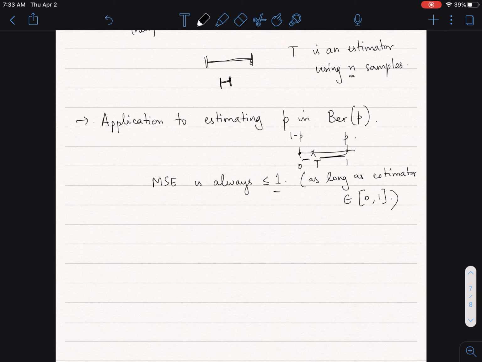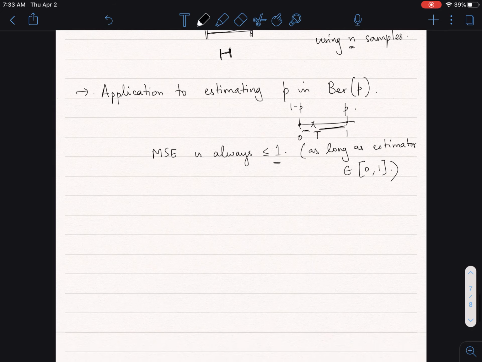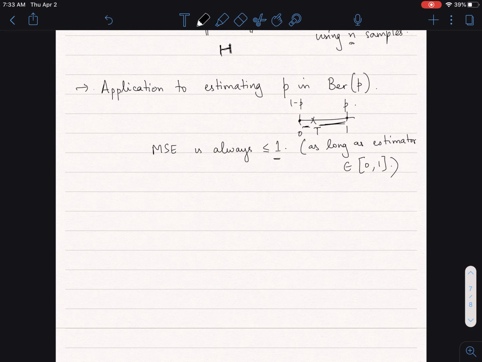Okay, so let's now use this. Suppose we consider the estimator that we had before. The sample consists of n elements, x1 to xn, and t was simply x1 plus x2 up to xn divided by n.